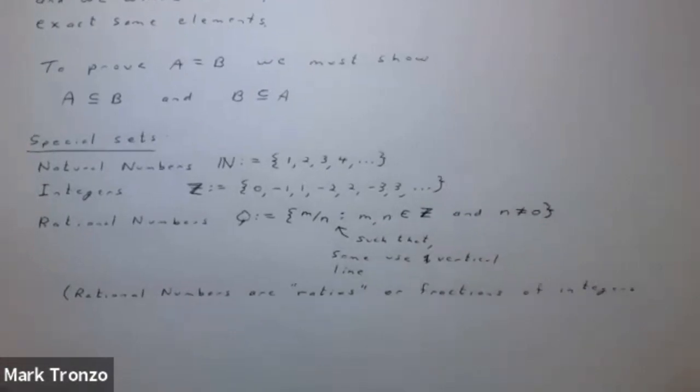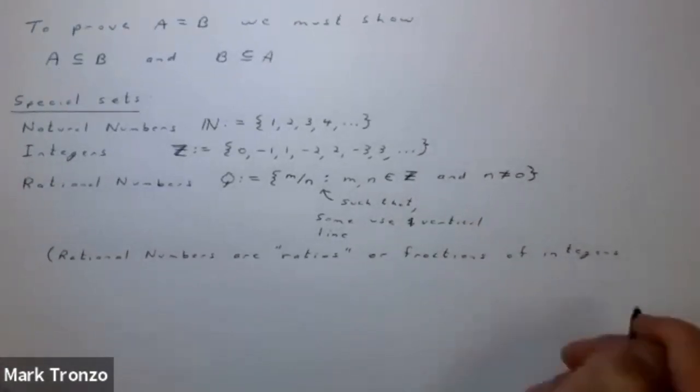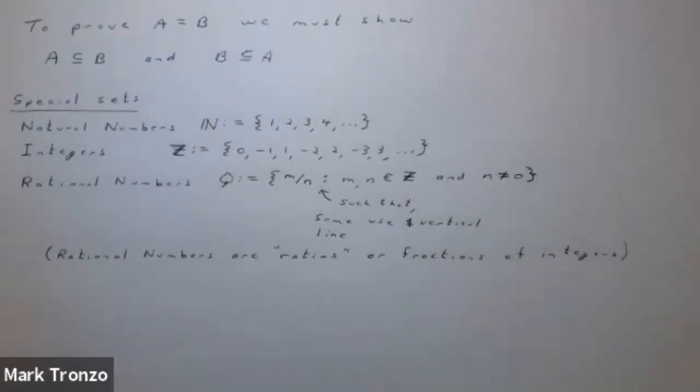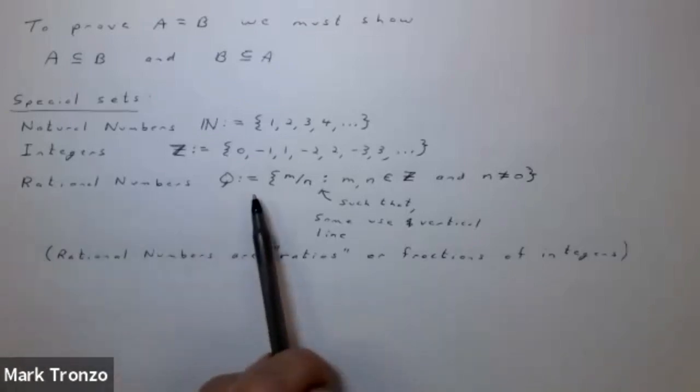They're like ratios or fractions of integers. Though, of course, when I say fraction here, you could end up having a whole number. You could have 3 divided by 1, so it could end up with whole numbers. But, of course, so these are rational numbers.